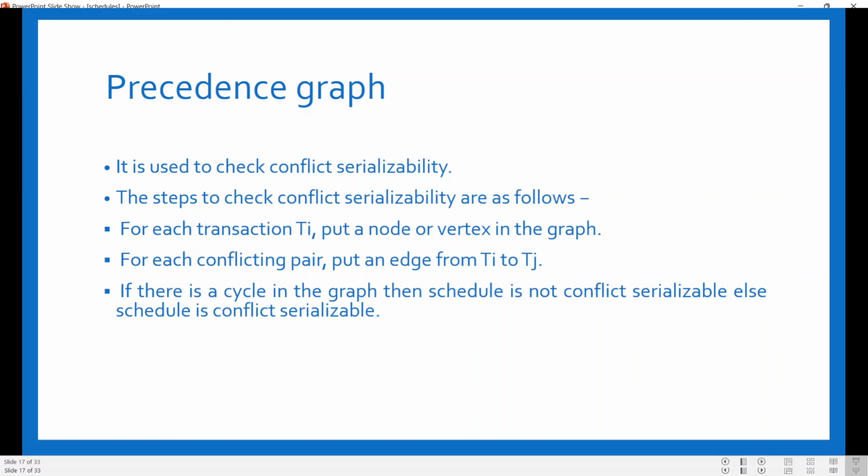Then for each conflicting pair, we draw an edge from Ti to Tj. If there is a cycle in the graph, then the schedule is not conflict serializable. If there is no cycle in the graph, then you can say the schedule is conflict serializable.